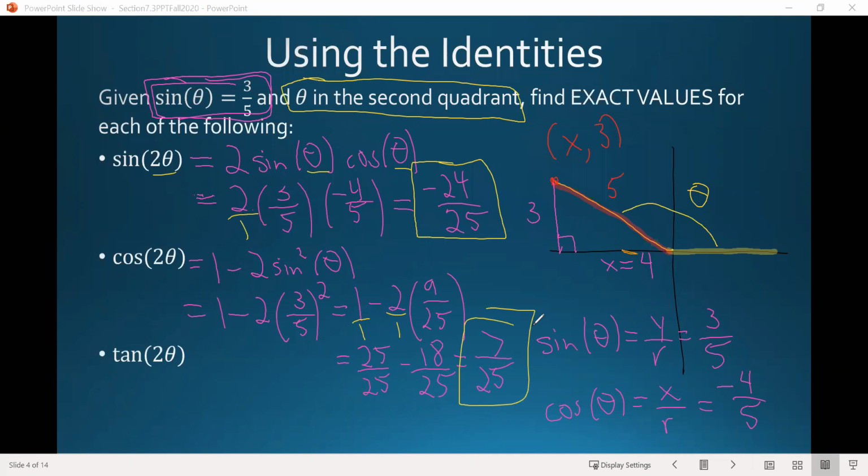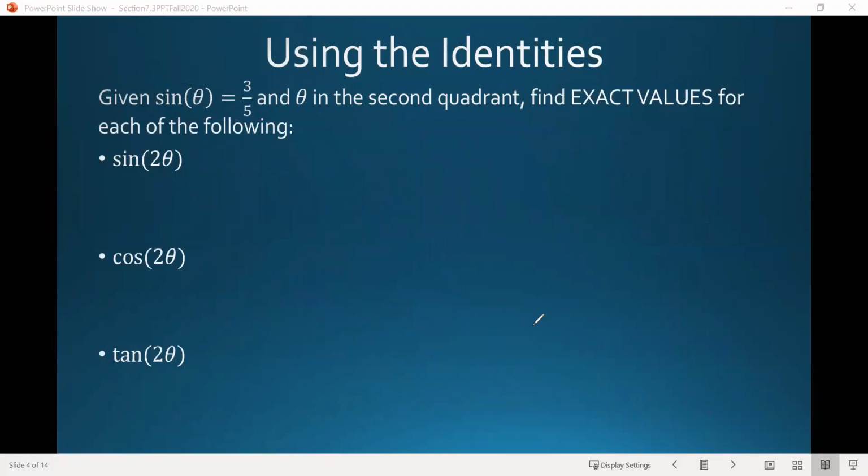Okay, and again, notice in this process we have not found the value of theta, right? That was not important for us to find the sine and the cosine of 2 theta. All right, now I'm going to erase everything.